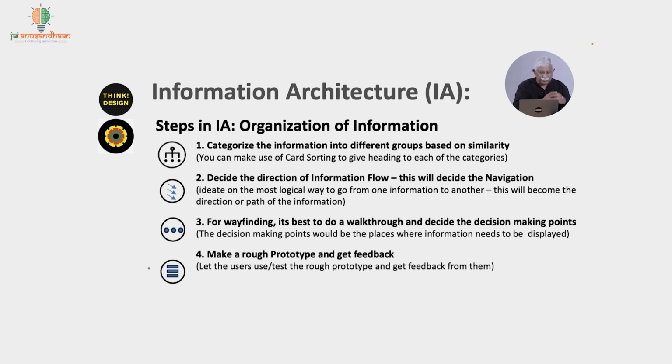And for applications of wayfinding, it's best to do a walkthrough of that place and decide the points where you need to make decisions, because you'll understand that's where you actually need information or signage. Then you make a rough prototype, even a paper prototype, put it out, get feedback from the users and see if it works or not.